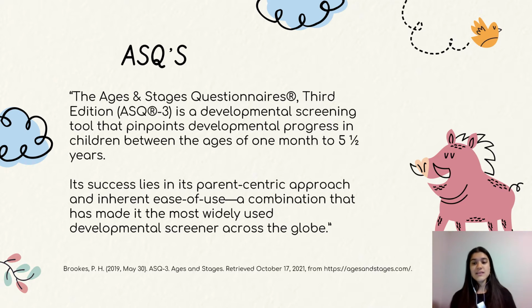So for me, the ASQs are this developmental screening tool that will help me to see where I need to work more in some areas of development with the kid. As I work with 2.5-year-old kids, some of them are already 3, so I have to use different ASQs. So the 30 month is exactly 2.5.